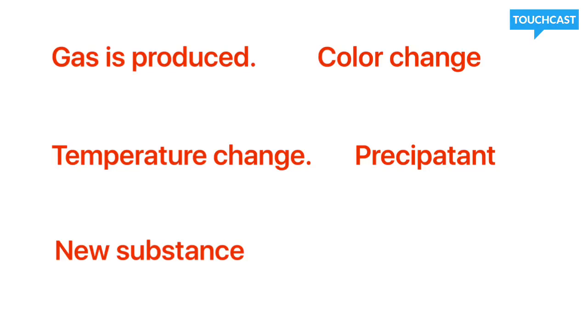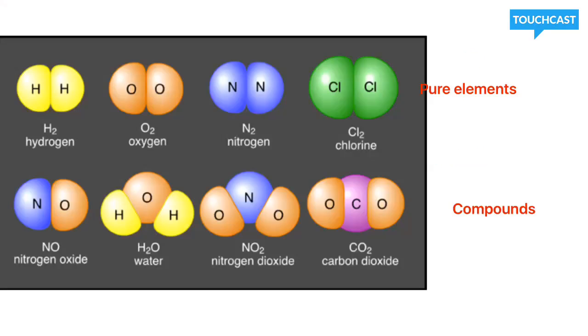Alright, let's go ahead and look at the difference between compounds and pure elements. Alright, a pure element is made up of only one type of atom. As you can see at the examples at the top, each one of those molecules has only one type of atom. Like the first one is just hydrogen atoms, second one is just oxygen atoms. A pure element has only one type of atom.